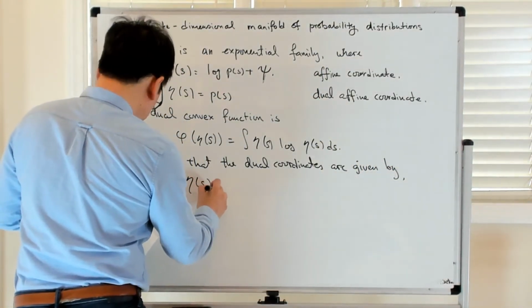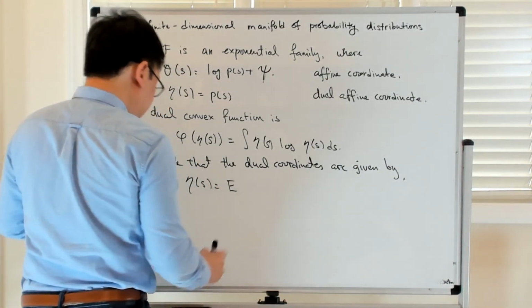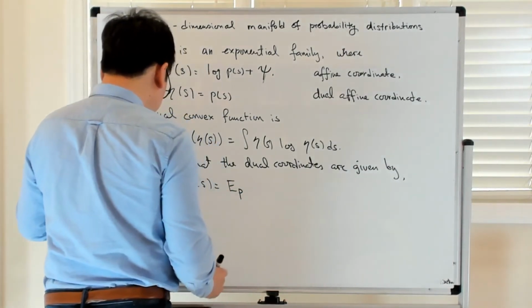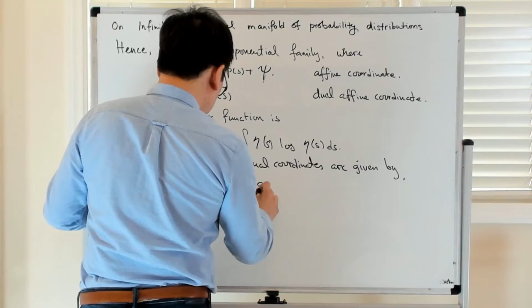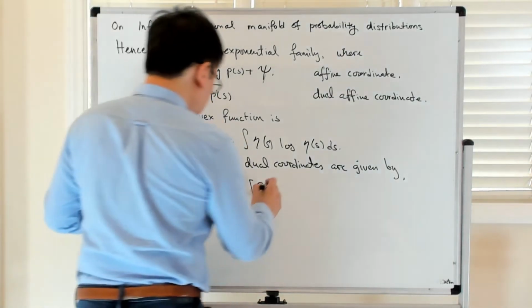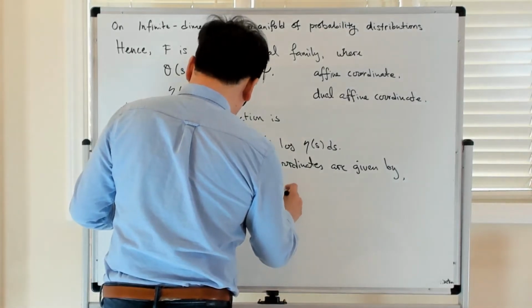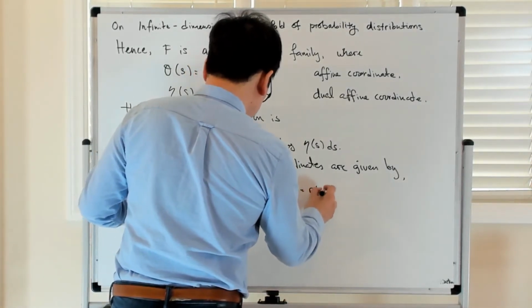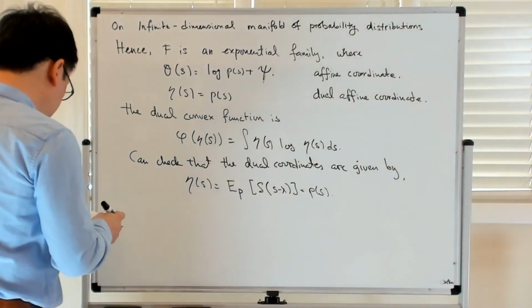So eta of s is the expectation with respect to the probability measure p of the Dirac delta distribution, which is just p of s.